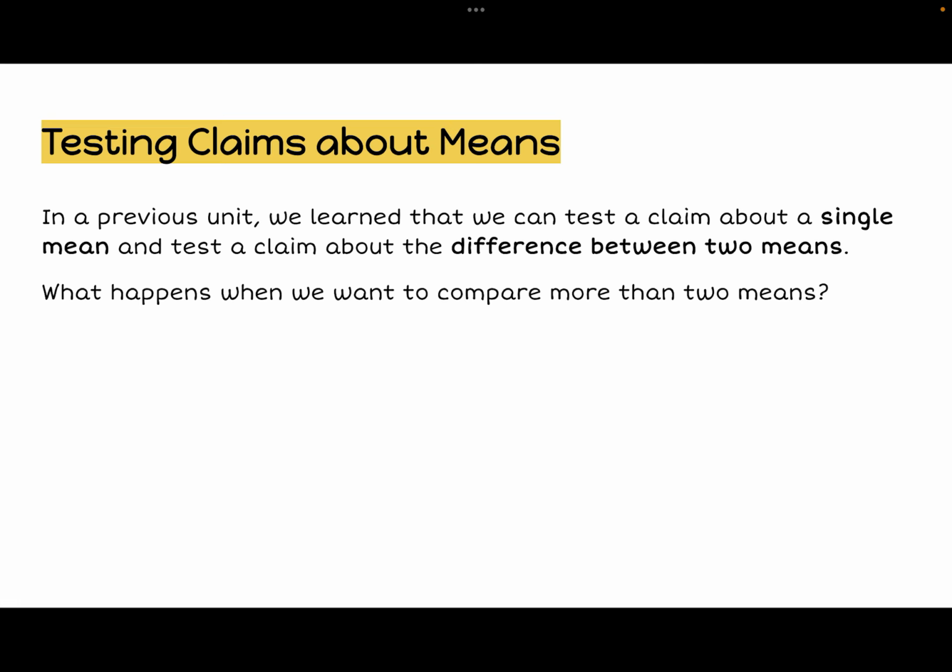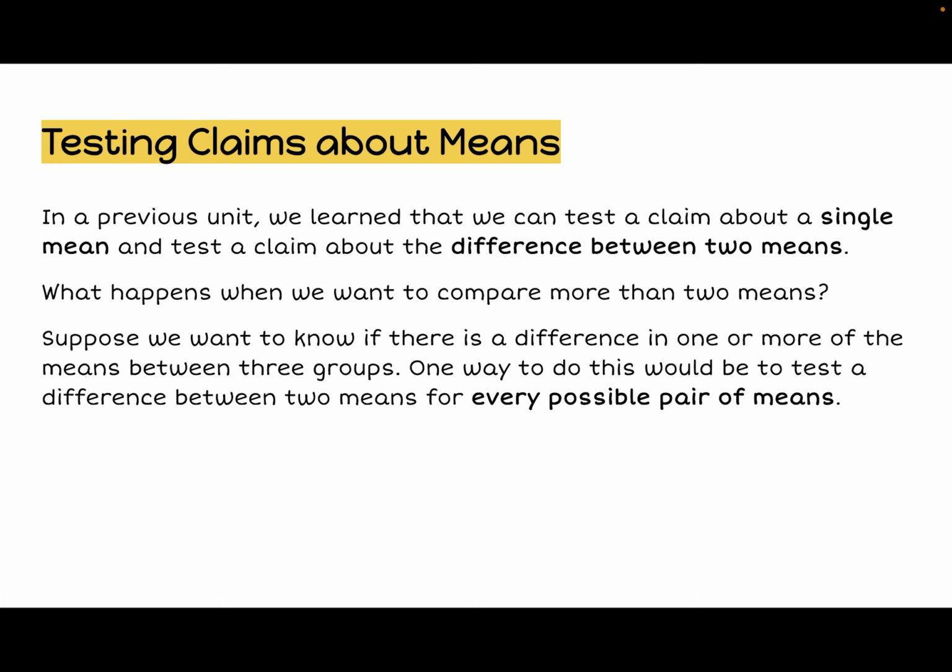The question is, what happens when I want to compare more than two groups, more than two averages? Suppose we want to know if there is a difference in one or more of the means between three groups. One way we could tackle this is by testing the difference between two means for every possible pair of means.